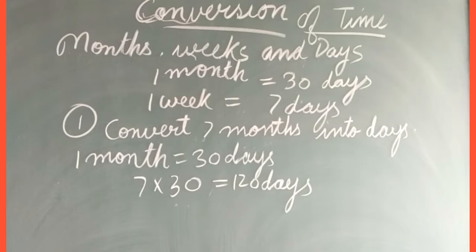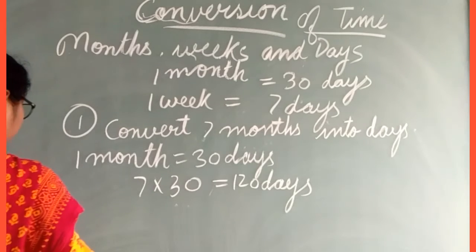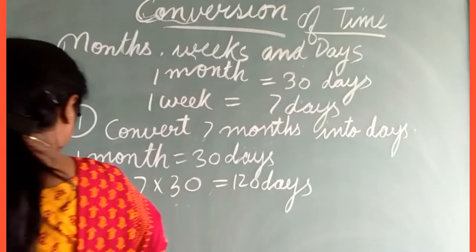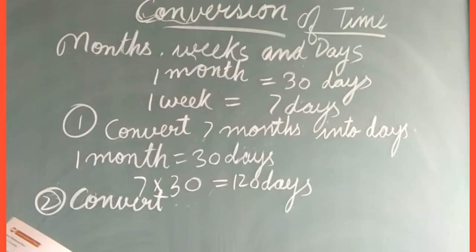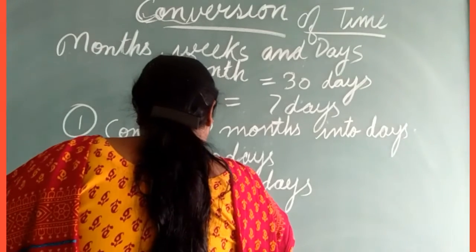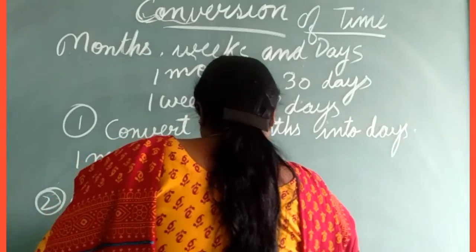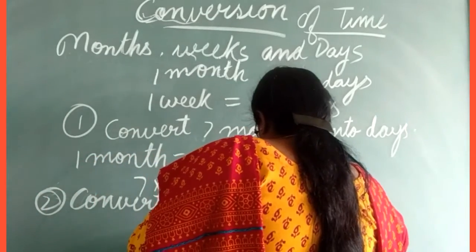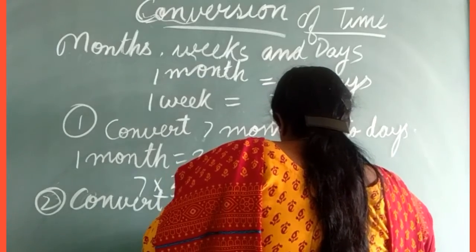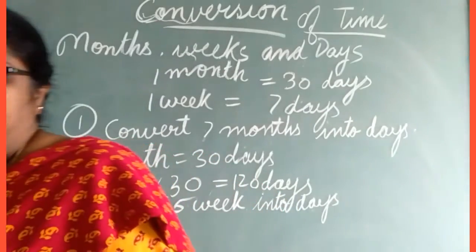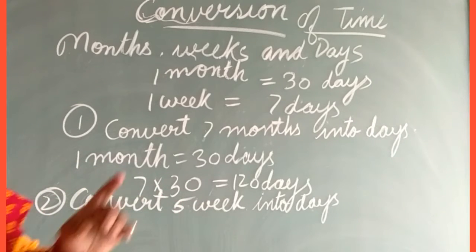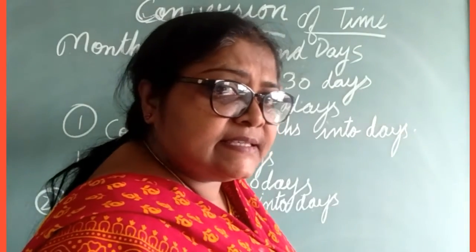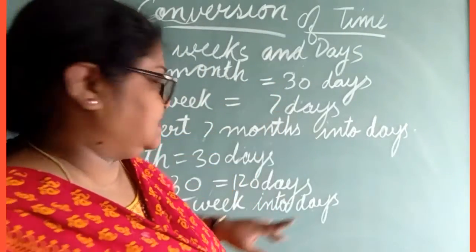You have to convert 5 weeks into days. As you know, 1 week equal to how many days? 7 days. 1 week equal to 7 days.